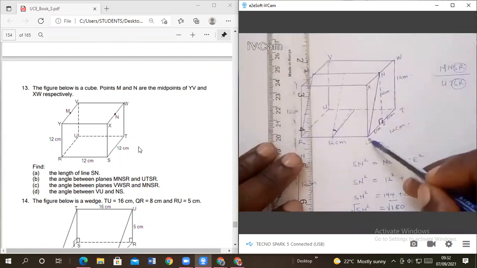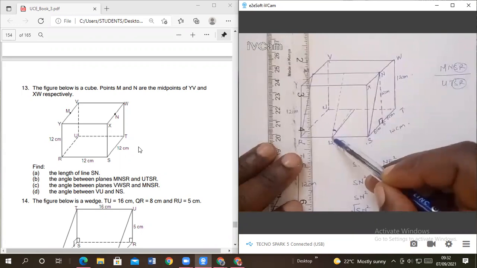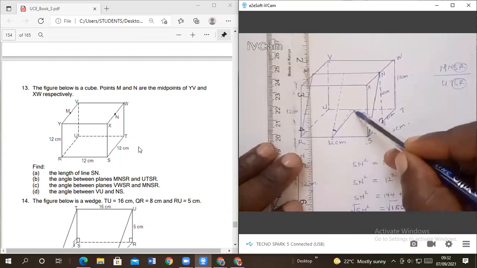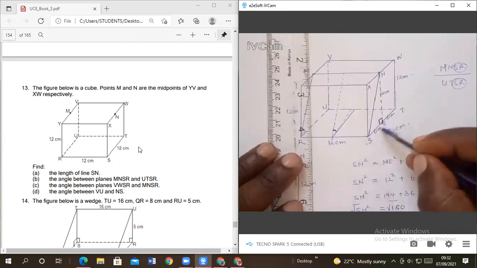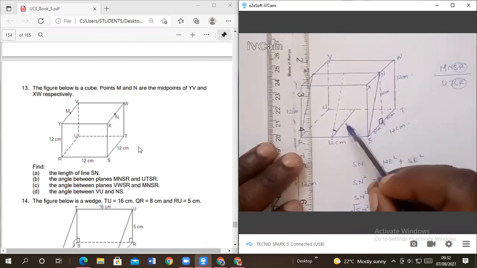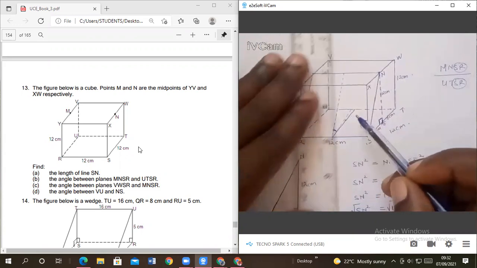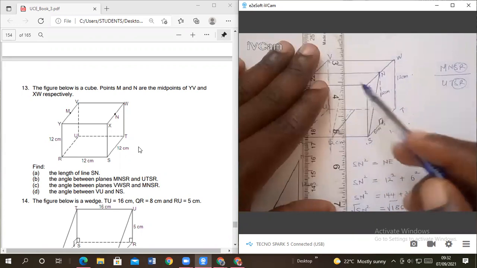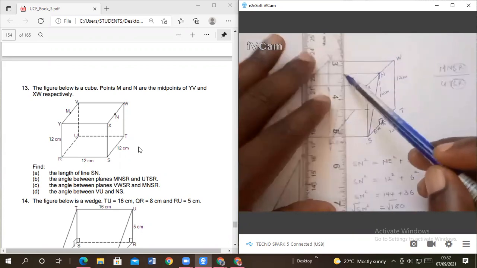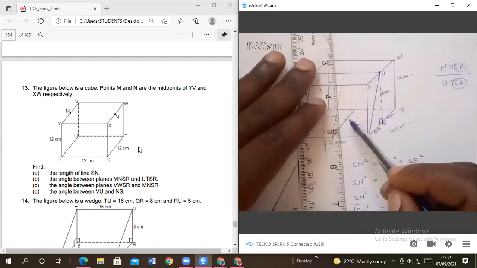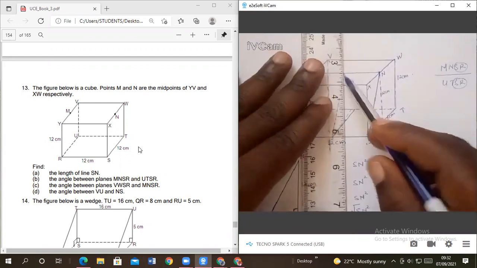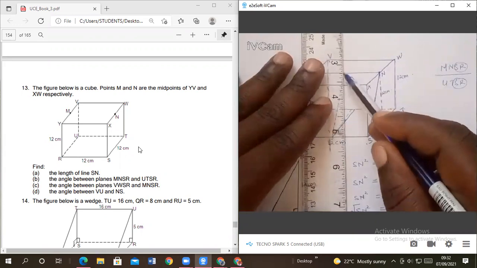So from S to T is the same as from this point up to this point, 12 centimeters. So at point E here, do you see point E of ST is at the middle, isn't it? So even at this point here, we have the middle point. And if we are to draw this line that comes from line MN, this line we are drawing should touch this line at its middle point.